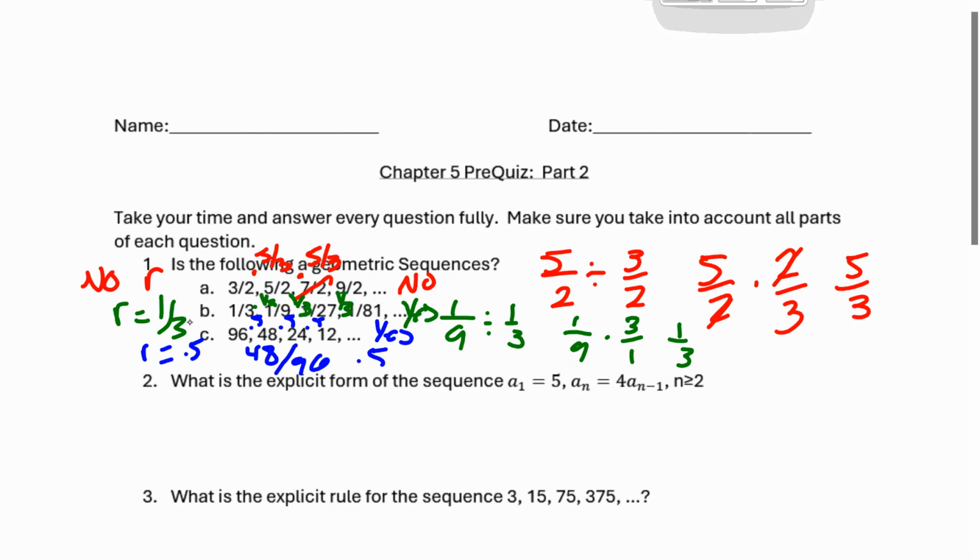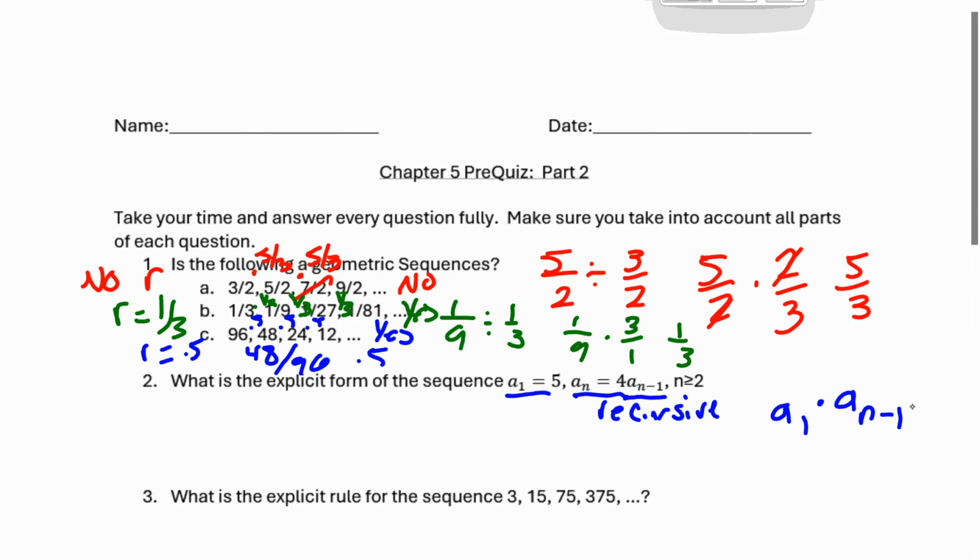Okay. All right. So what is the explicit form of the sequence? If I have my A1, I have A sub n equals 4 times A sub n minus 1. This is a recursive formula. That means it gives me my A sub 1, my first term, and then it's times by the previous term.